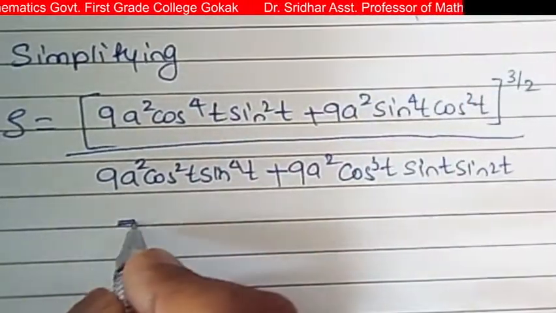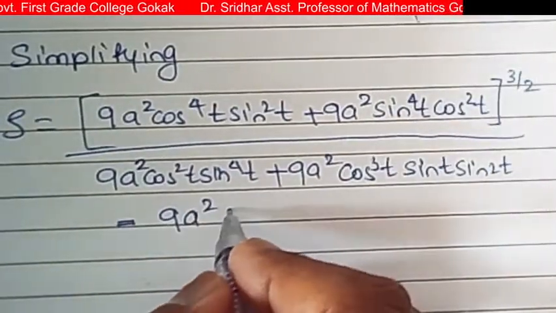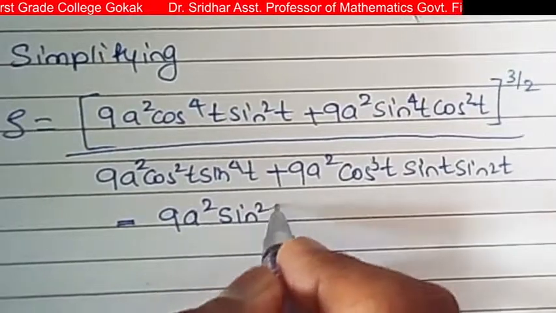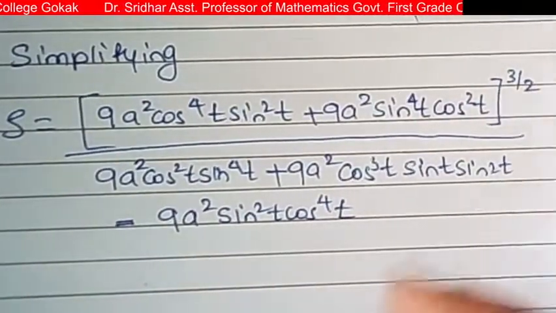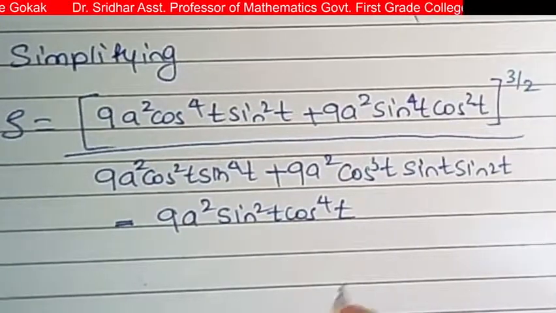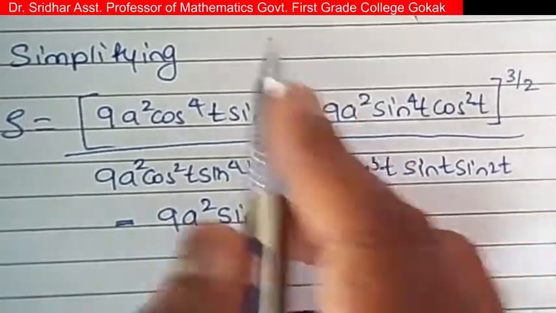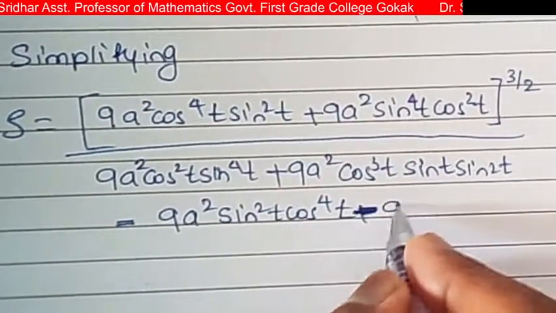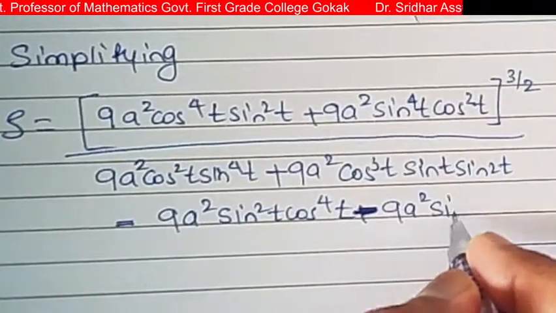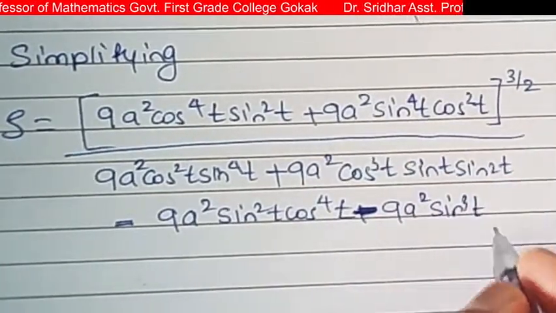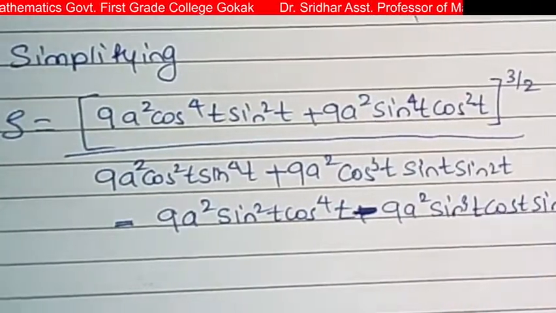Now take the second term, then minus 9a square, then sin square t cos raised to 4t, then here minus becomes plus, into minus, minus 9a square sin square t, that becomes sin cube t into cos t sin 2t.